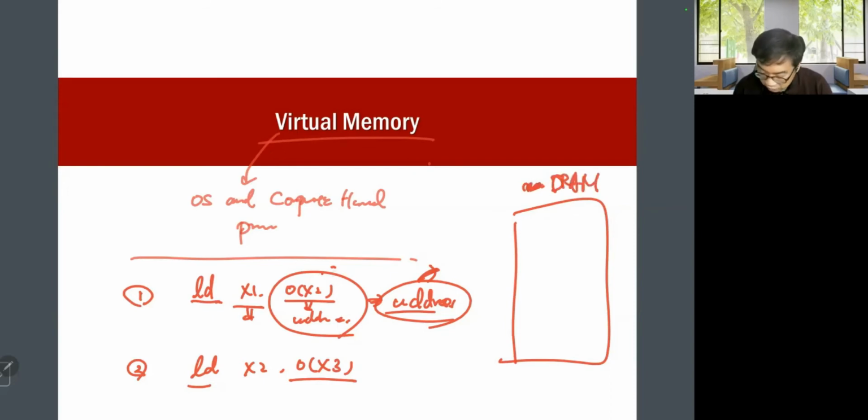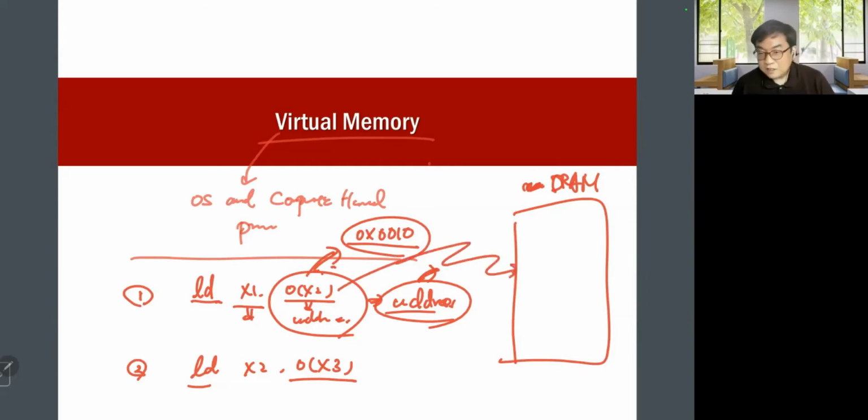Let us assume that this address is 0x0010. With this address, this load instruction just accesses the data at address 0x0010. This address is determined when our program code is compiled by the compiler.